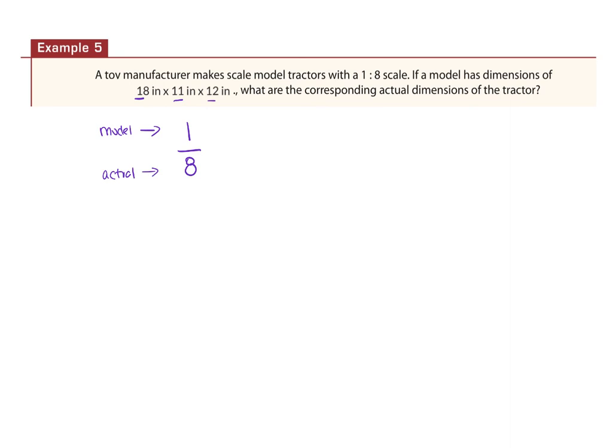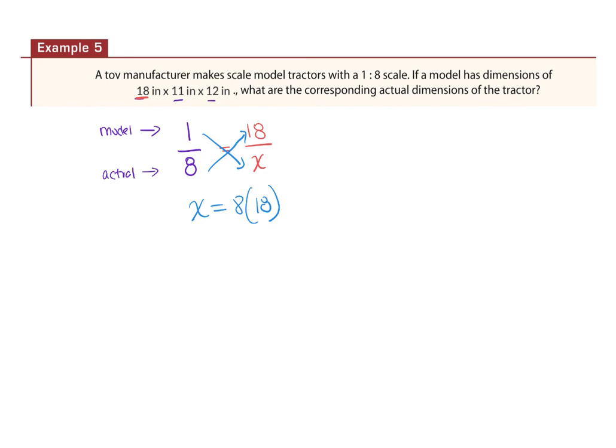So then I just set it up. The model has 18 inches. I do not know the actual for that measurement. I'm going to set it up like that. So what's going to end up happening? It's always going to be 1 times x, and you're going to end up multiplying the actual dimension by what? 8, right? Does everybody see that?